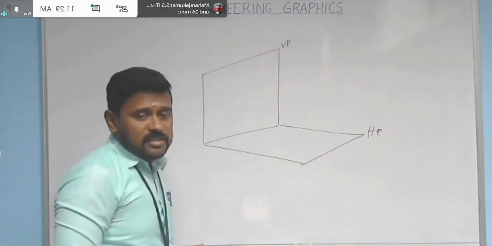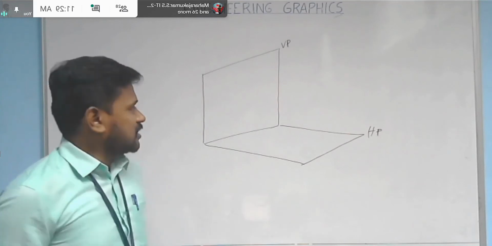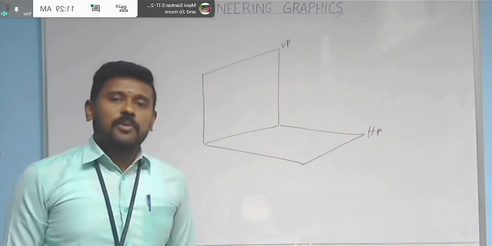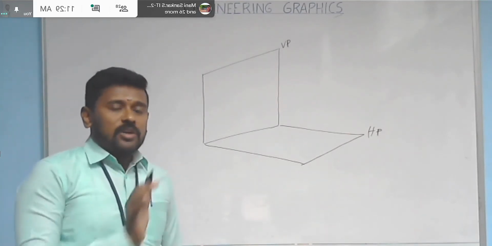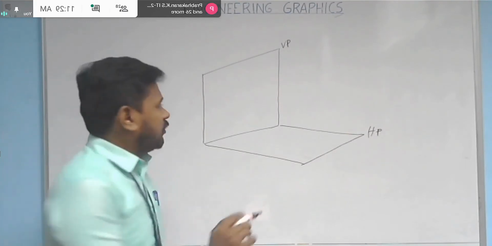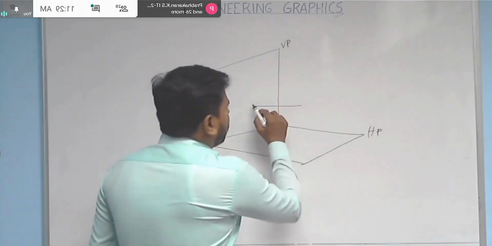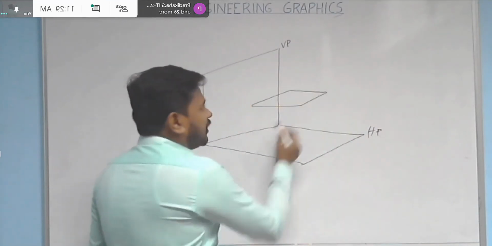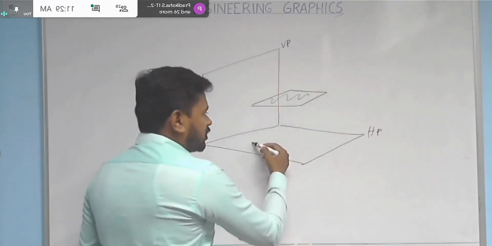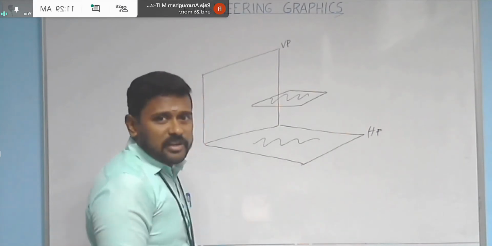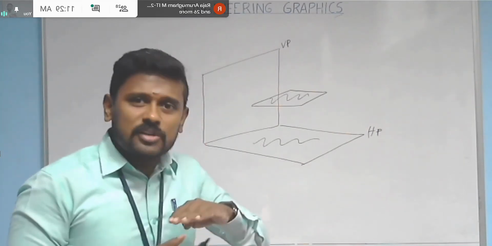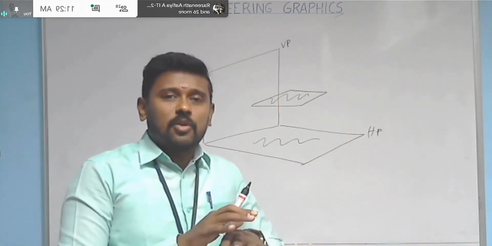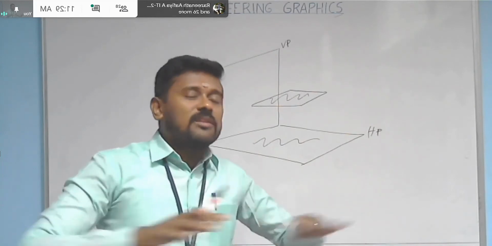So it's your horizontal plane and vertical plane, just for our discussion. If you want to make a square plane parallel to the horizontal plane and perpendicular to the vertical plane, then the square plane should be like that. This plane surface is parallel to the horizontal plane surface. See, the horizontal plane is also a plane which has no boundaries. It's an infinite plane.